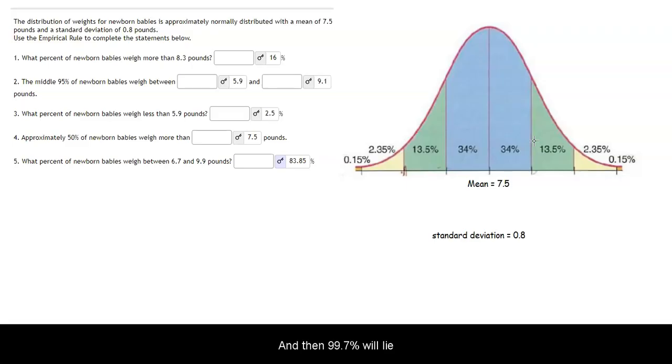And then 99.7% will lie within 3 standard deviations. So this would be the 3rd standard deviation here, these 2 lines here. So that includes the yellow, green, and blue shaded areas. And then the rest is what's on the other side here, the 0.15% here and the 0.15% here.